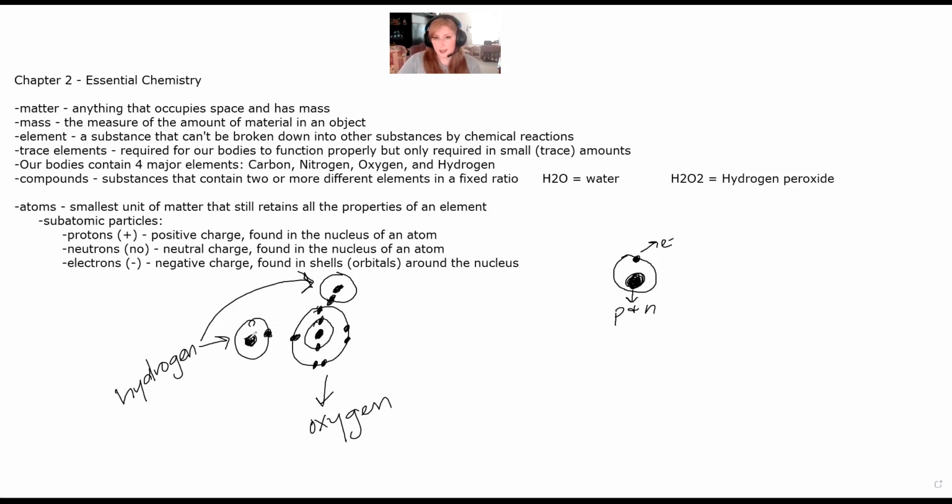But the electrons, again, are going to interact with each other. So in order to have a molecule of water, you have the hydrogen electron sharing here with this oxygen. And then this hydrogen electron is going to share right here. It's the electrons that interact with each other.